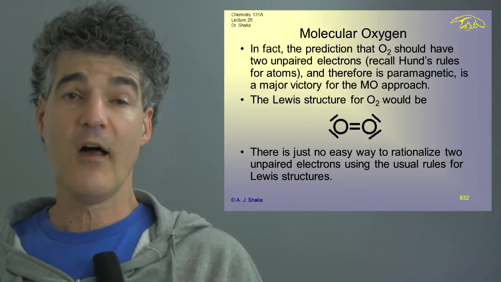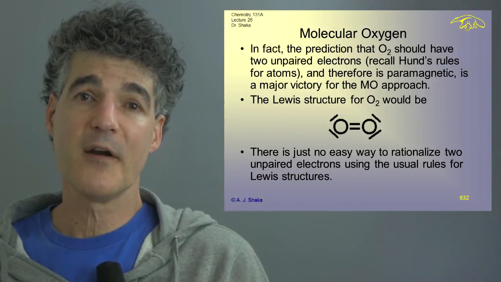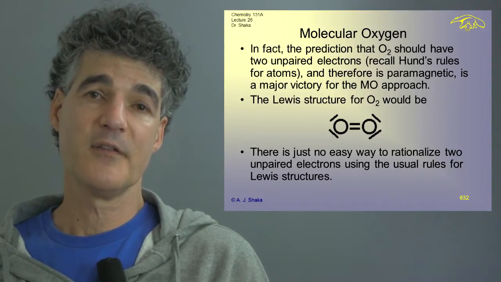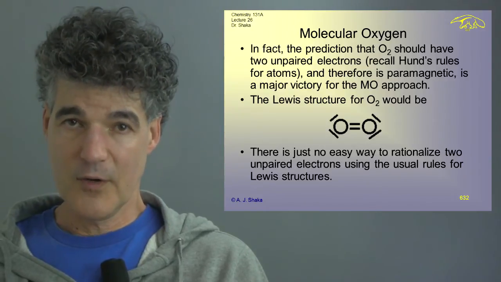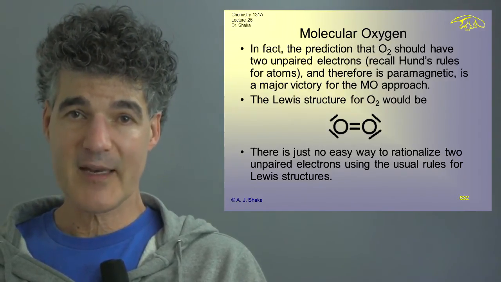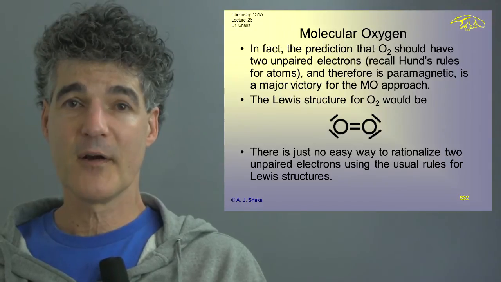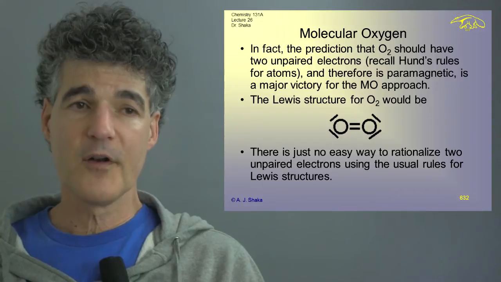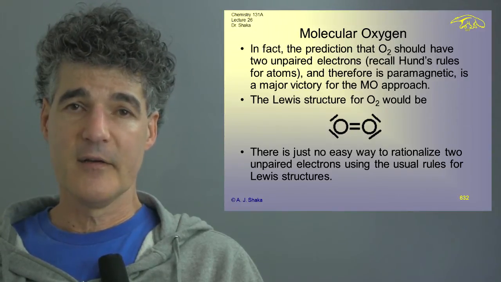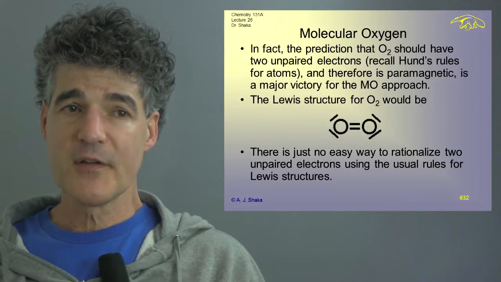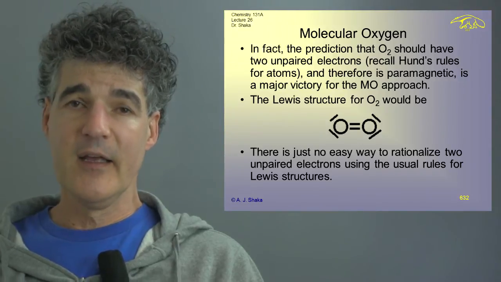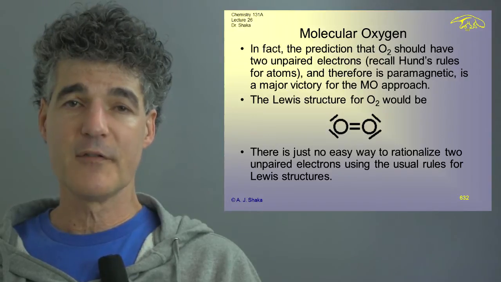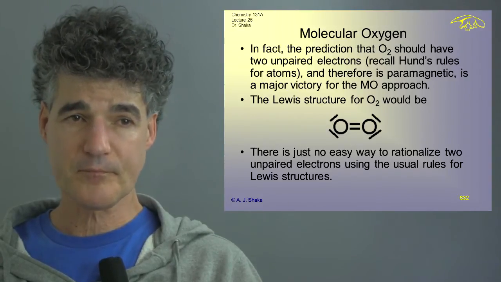And the answer is a lot, because if the electrons are unpaired, that means that the material is paramagnetic, and that means that magnets will interact with it. There'll be magnetic forces on these unpaired electrons. If all the bar magnets are paired up, then you can imagine there aren't going to be any magnetic forces. So this prediction that O2 is paramagnetic is one of the major triumphs of the molecular orbital approach, even for these very simple systems.